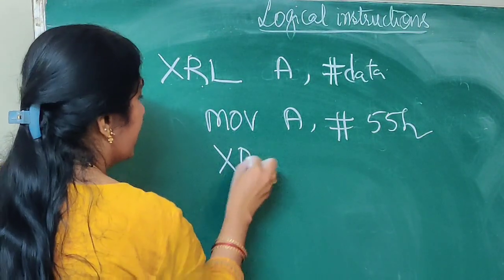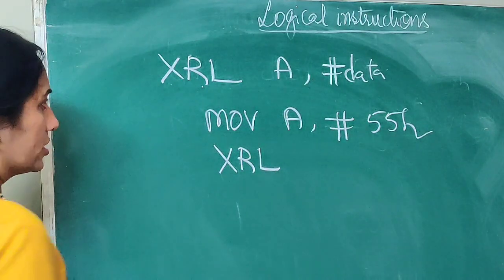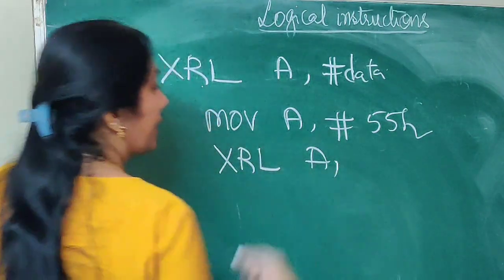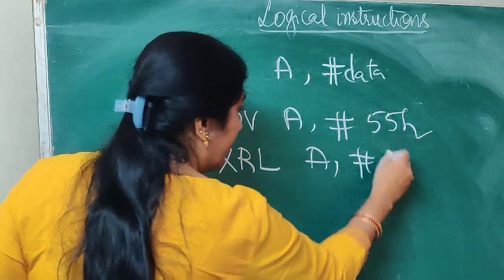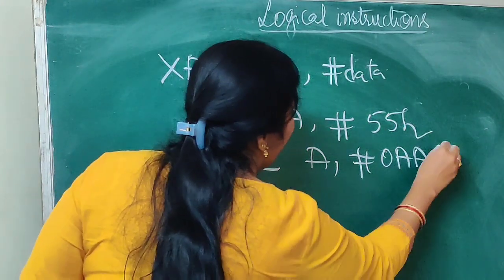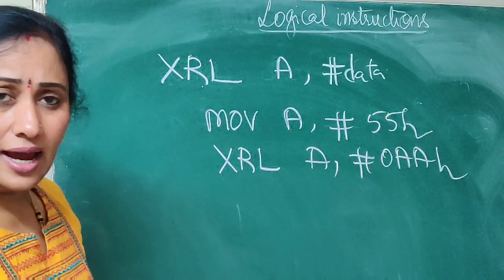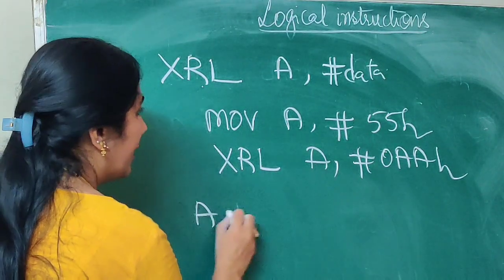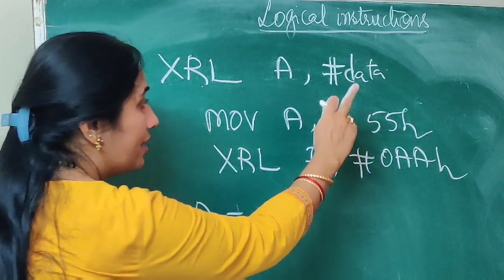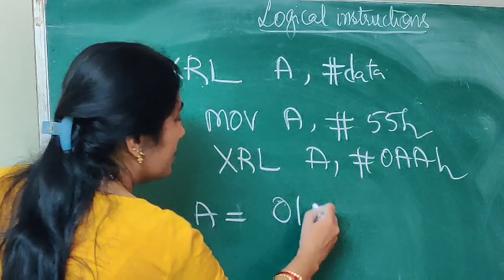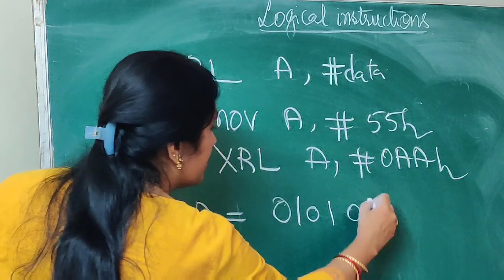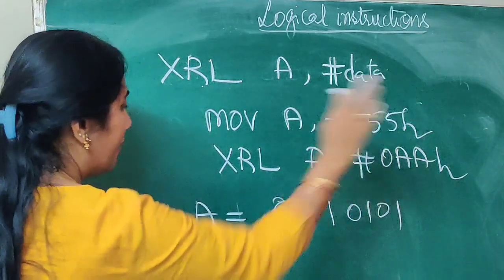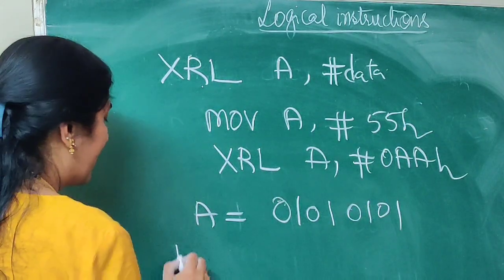Now if I write XOR logically accumulator content with the immediate data, say let me take AA hex. Now, what's going to happen? What is there in the accumulator? The accumulator is having 5, that is 0101, and the other 5 is 0101, 55 hex.